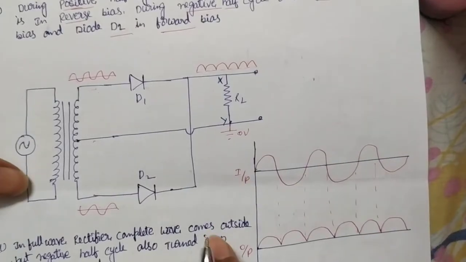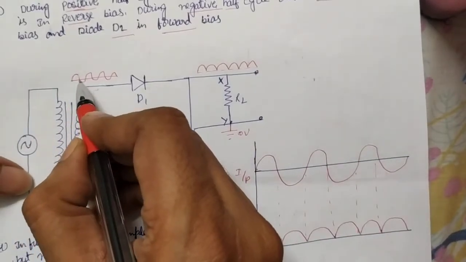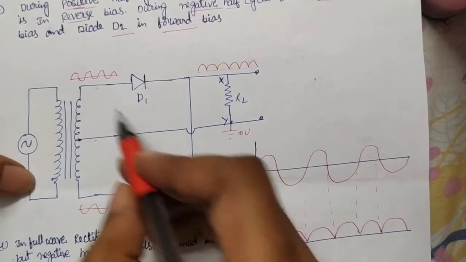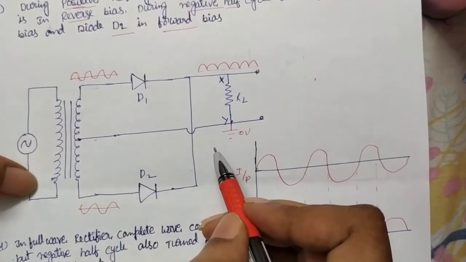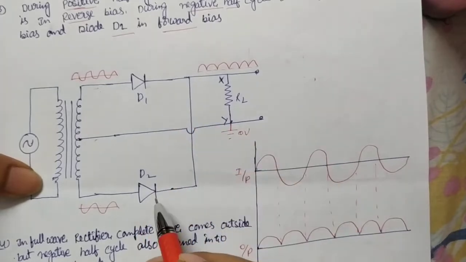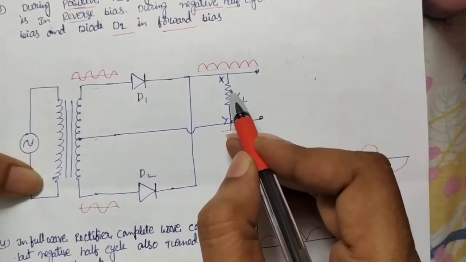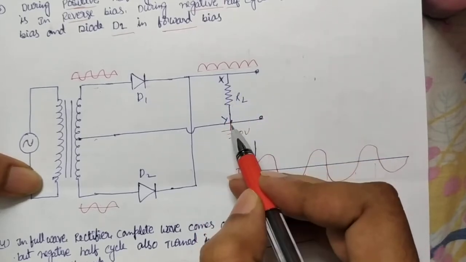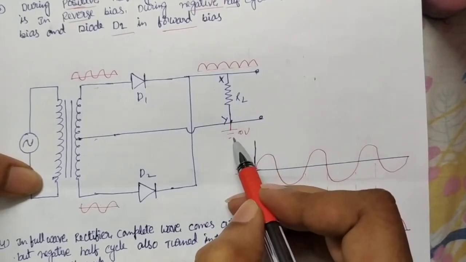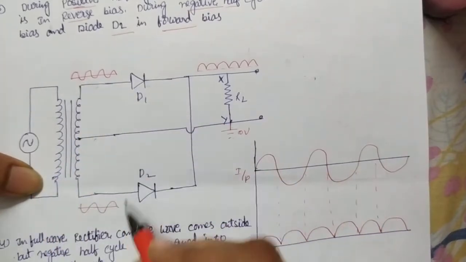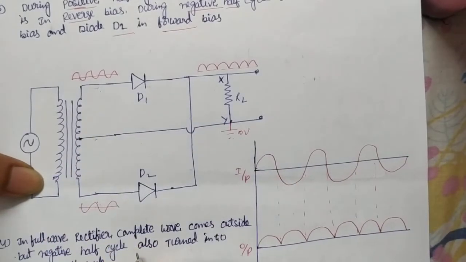Now, in the first positive half loop, here you get positive and here you get negative. This becomes reverse biased, so it won't allow current, but this one allows. So there is no path to flow like this because this is reverse biased. Whatever current flows here flows through the load resistance from X to Y and is added to the ground. Within a fraction of a second, this becomes negative and this becomes positive.